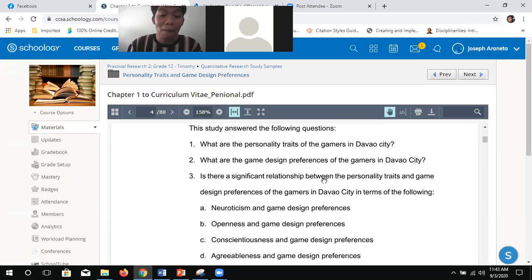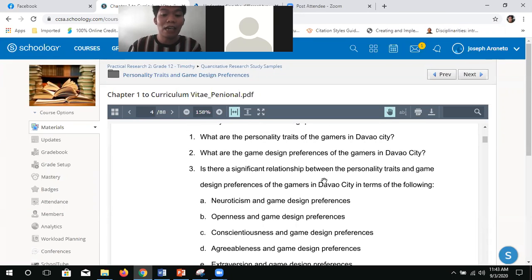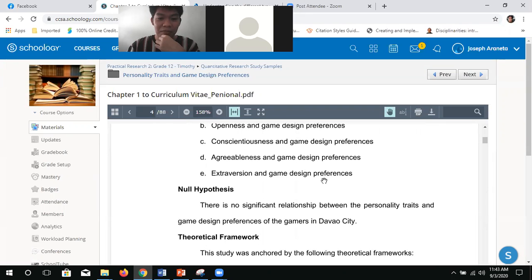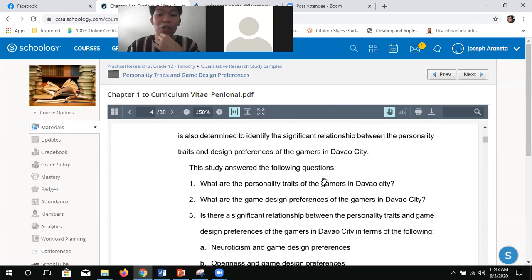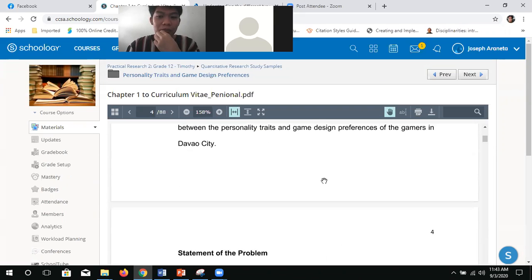Meaning first, for example, neuroticism is correlated with the 8 game design preferences. That's why it's a difficult study. This is the best; this study was awarded as the best practical research last year.